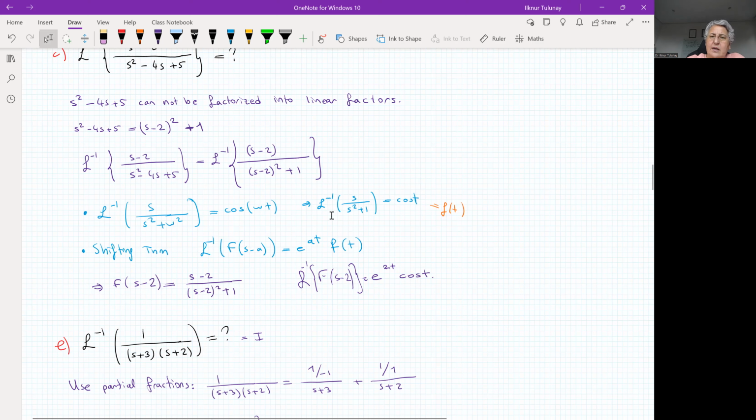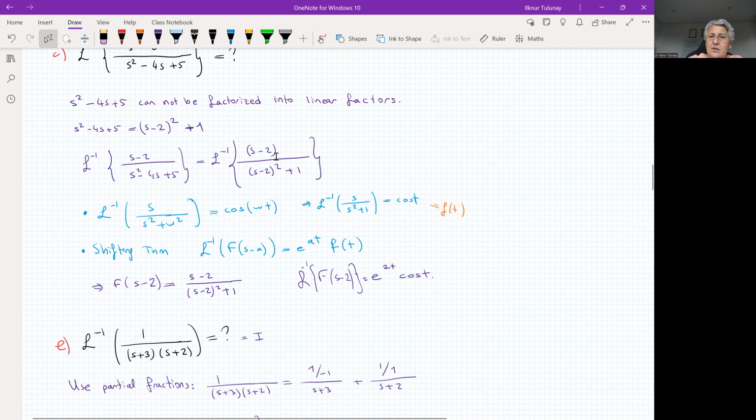Since we have 1 here, we also know that s over s squared plus 1 gives cosine t. But in our case, instead of s, we have s minus 2. That means it is a shift. If you're replacing s with s plus a or s minus a, it means you have a shift, and you need to use the shifting theorem in that case.